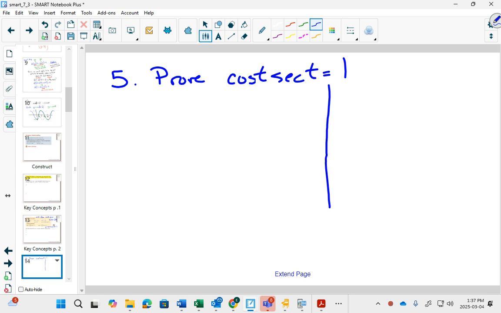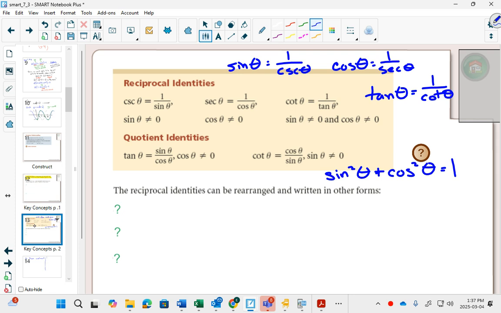And as far as manipulating, the only things you are allowed to use so far are our definitions of our reciprocals, our quotient identities, that tan of theta is sine of theta over cos of theta, or cotangent theta is cos of theta over sine of theta. And we also have that sine squared theta plus cos squared theta is equal to 1. These are the tools that we can use to manipulate.